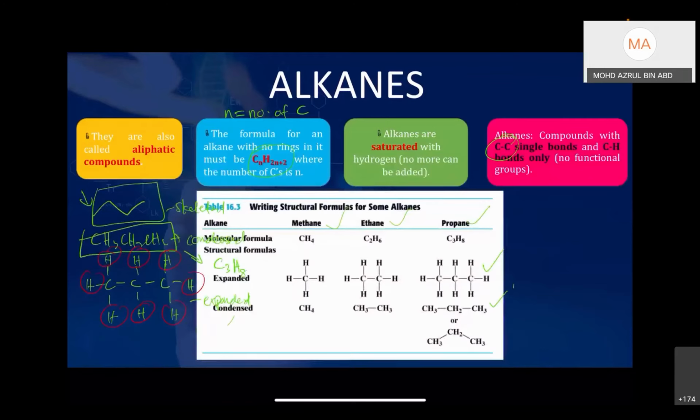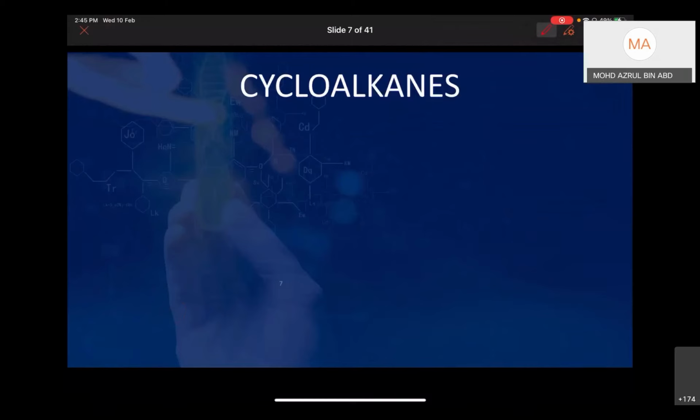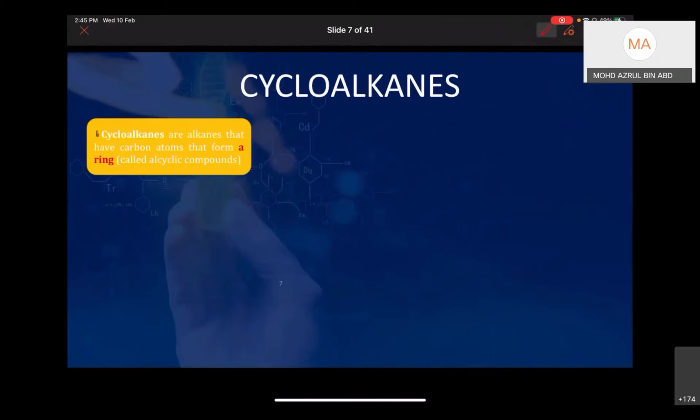In this structure you just have 1 carbon, 2 carbon, and 3 carbon. And then the cycloalkane is a compound having carbon atoms that form a ring. That's why we call it a cyclic compound.